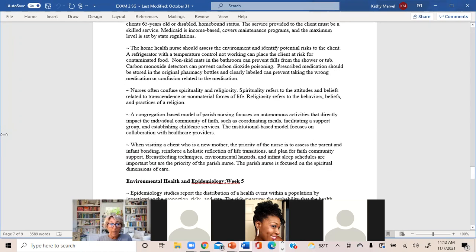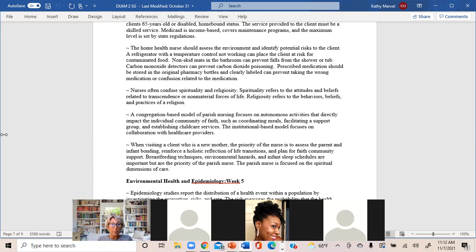So, home health nurses. Okay, home health nurses should be able to assess the environment and identify potential risks to the client. That's right. So I said back earlier that home health visits are awesome. You can do so much assessing and identifying of risk factors. All right. So when you're doing your environmental assessment in the home, what kinds of potential risks might you see?